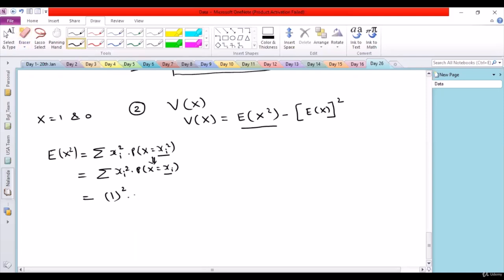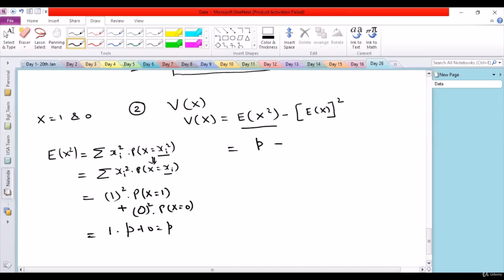This is nothing but 1 square multiplied by probability when x is equal to 1, plus 0 square multiplied by probability when x is equal to 0. This means 1 into P plus 0, which is nothing but P. Clear?